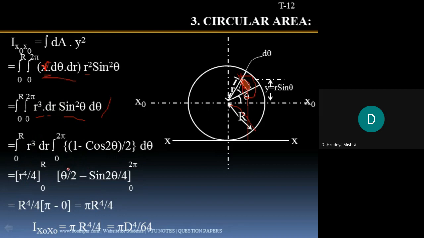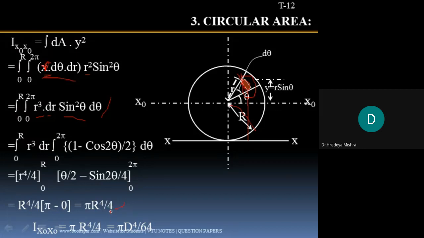Firstly, theta by 2 and cos 2 theta converted to sine 2 theta divided by 4. Now we put the limit, and when we put the limit, we get r to power 4 divided by 4 in bracket pi minus 0.